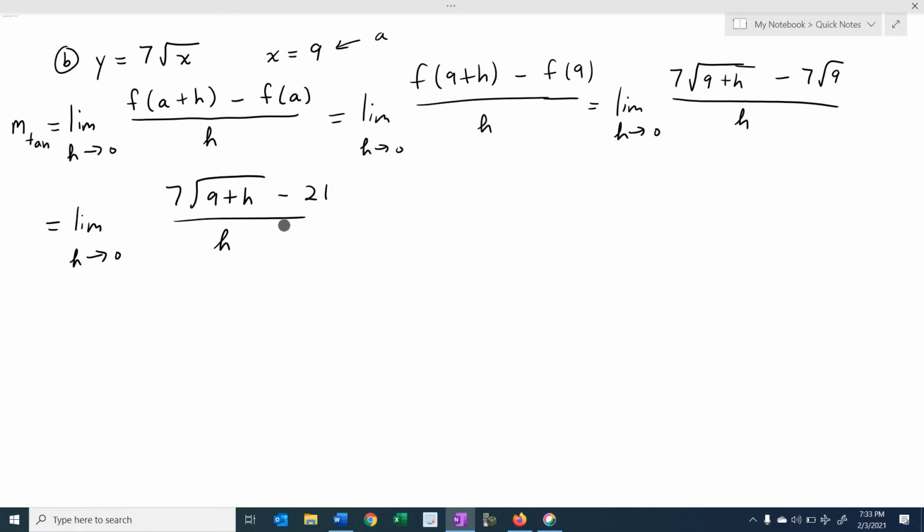Now the conjugate of this would be, we basically have to change the sign in front of one of these two terms. Okay, I'm going to change the sign of this one to a plus. So the conjugate would look like this: seven times the square root plus 21 instead of minus 21. That's called the conjugate of this.